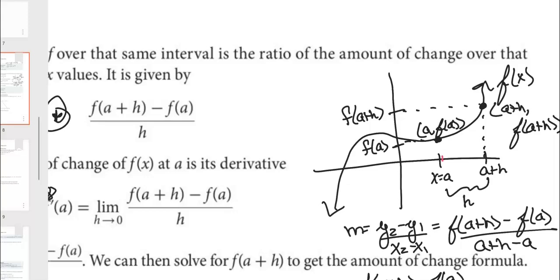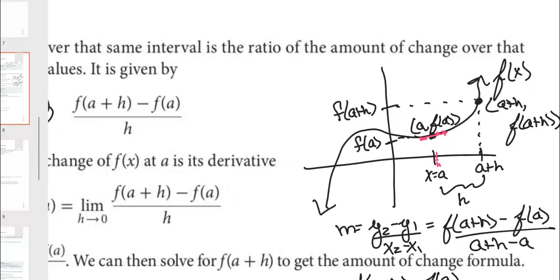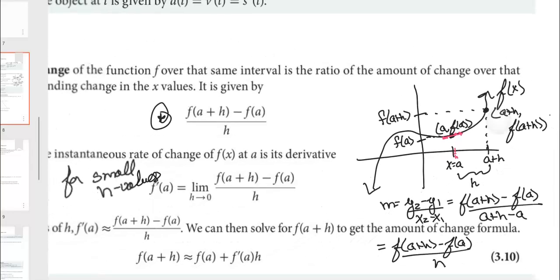But if my h was really small, maybe my second point was here, so my h was this value, then you can see this second point is really close to that first point, and that slope between these 2 points, and this is a secant line, would be really close to the slope of the tangent line there, all because that h value is super small.